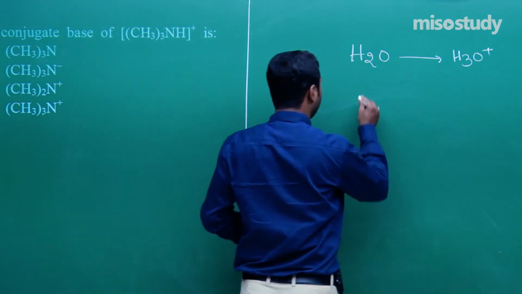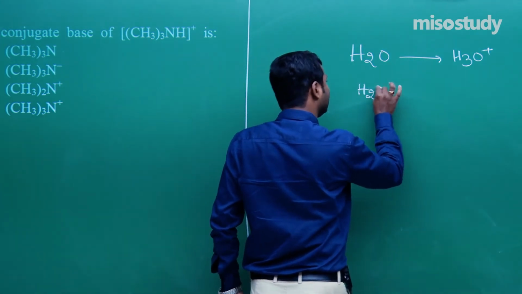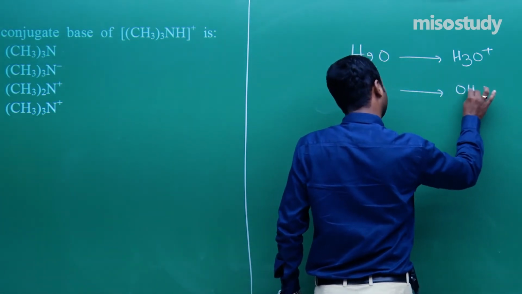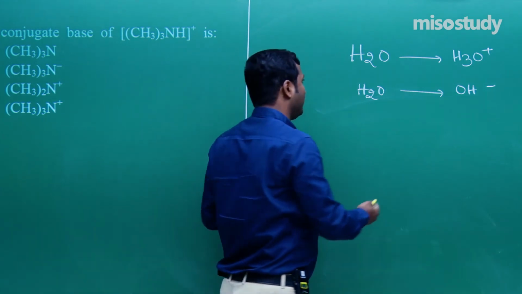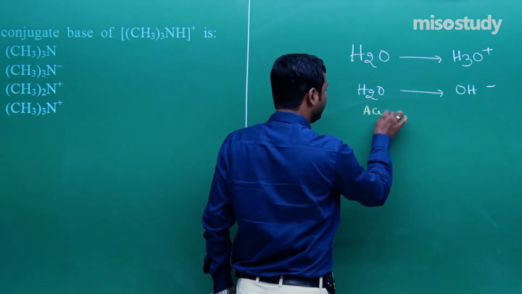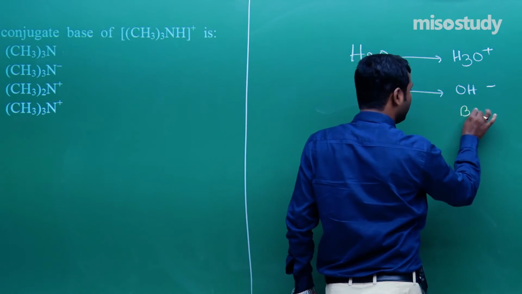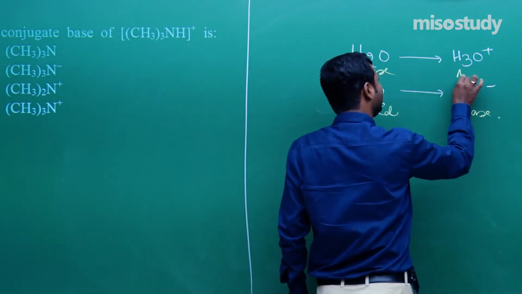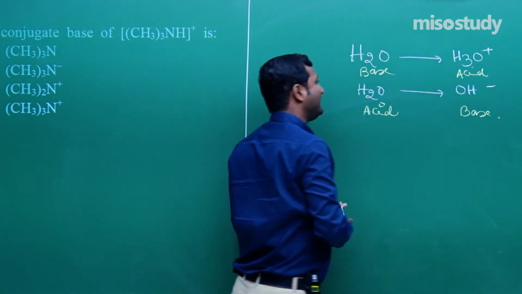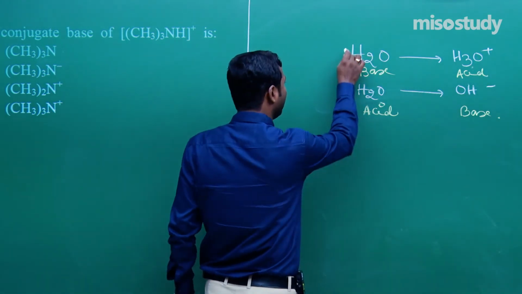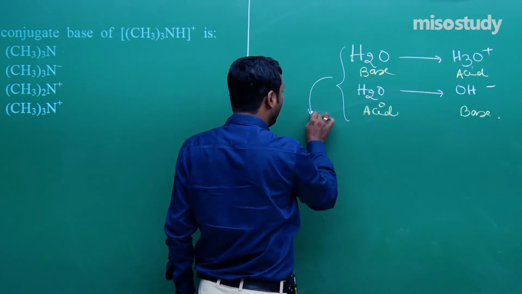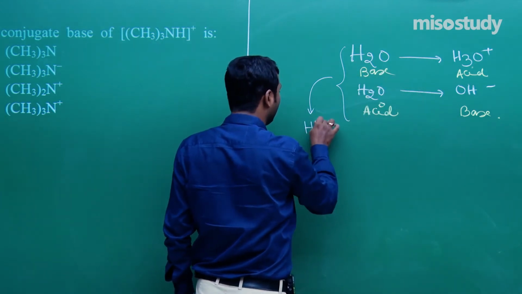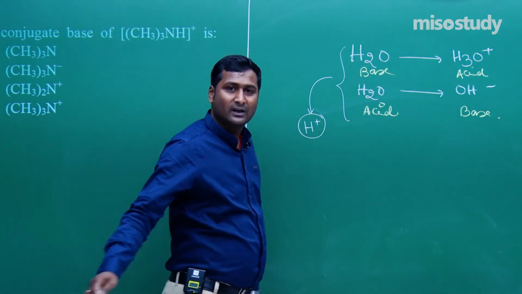If I write H2O, it gives OH minus. This one is acid and this one is base, and this one is base and this one is acid. What does it mean? The conjugate acid-base pair has a difference of one H plus.